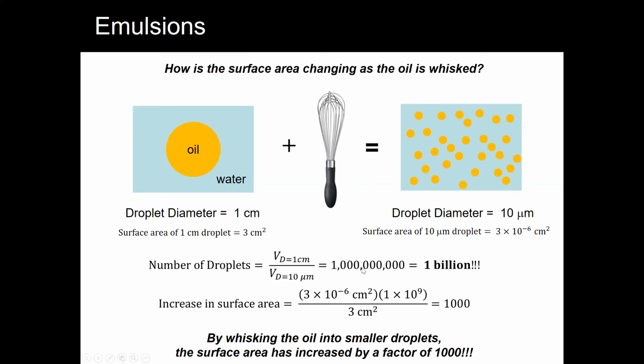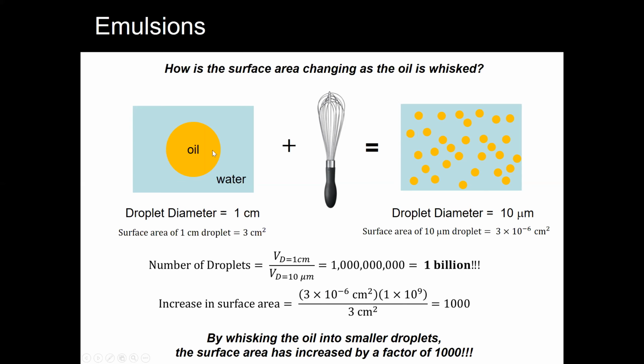Well, if you were to take this 1 centimeter diameter droplet and calculate how many little droplets you can create out of it, you would find that you can create 1 billion of these little droplets. And now if you compare the surface area of the two, you would see that you have increased the surface area by 1,000. Right? And that's really the number I want you to take away.